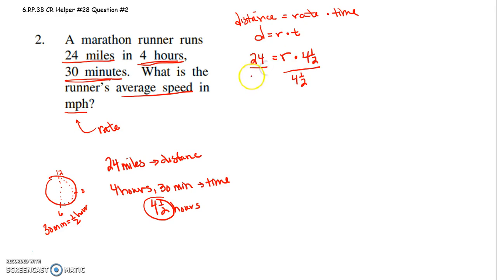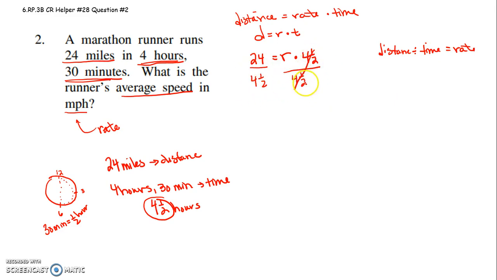So I'll divide the left-hand side by 4 1/2. If you take your distance and you divide your distance by time, you'll get your rate. That's what you do. You take your distance, divide by your time, you'll get your rate.